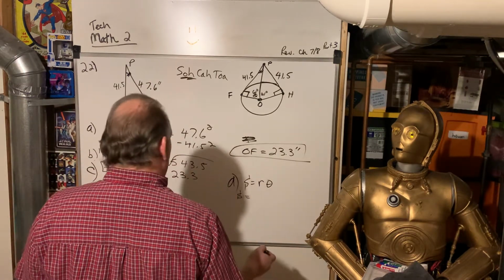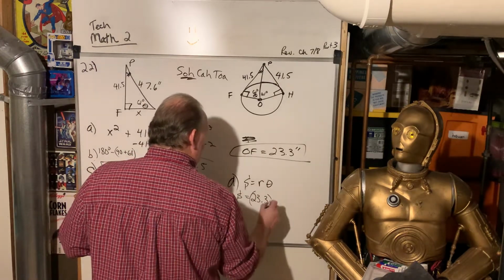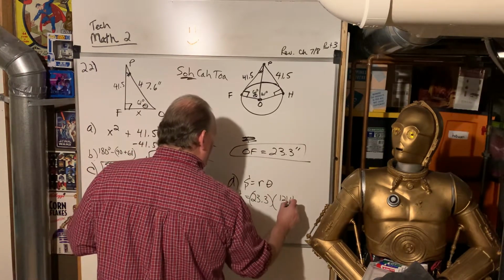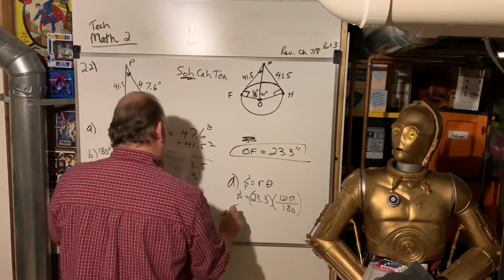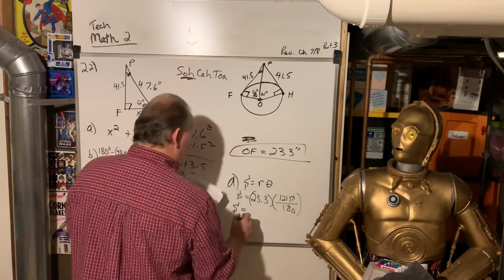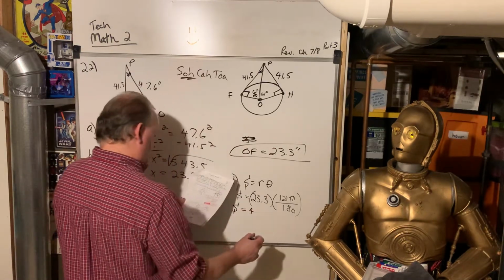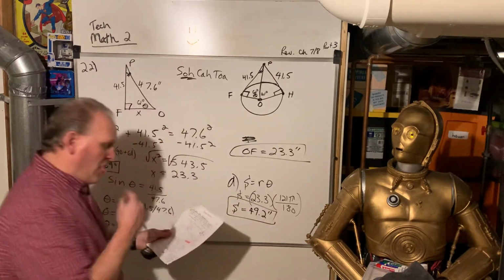Where did we find that? 23.3 right there. So 23.3 times 121 pi over 180, because remember, we need it in radians. And so the arc length is 49.2 inches.